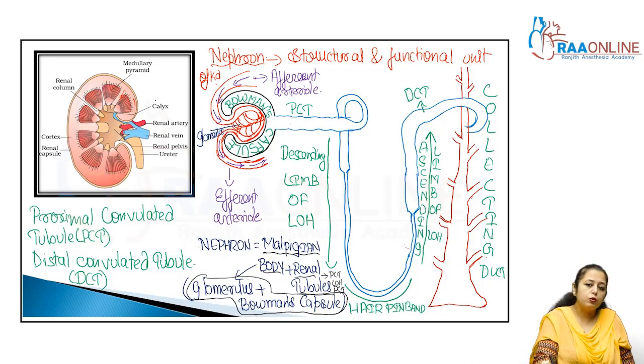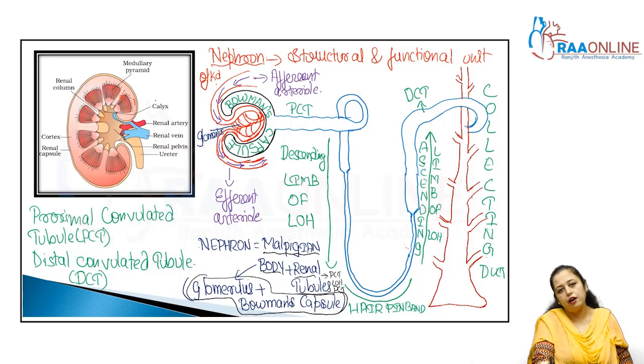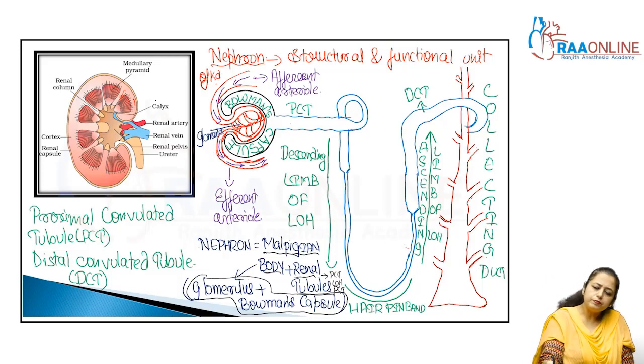A for afferent, A for aana, that is coming; E for efferent, E for exit, that is jaana, going. So simple, the afferent carries the blood towards the Bowman's capsule.